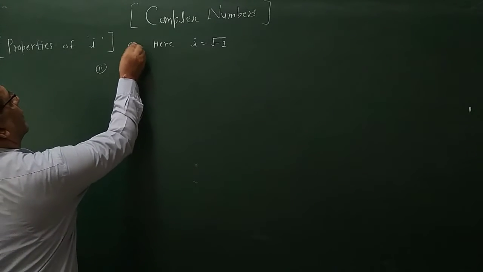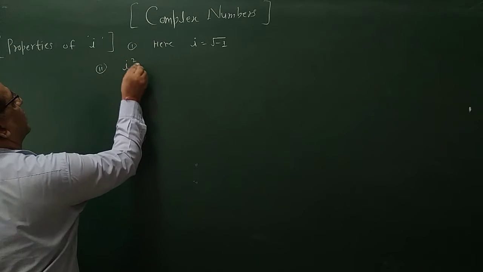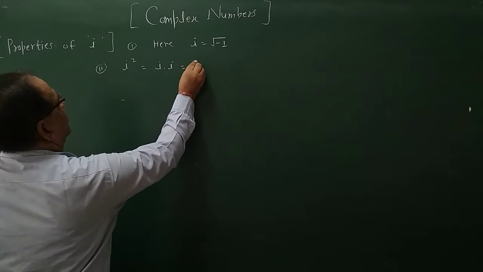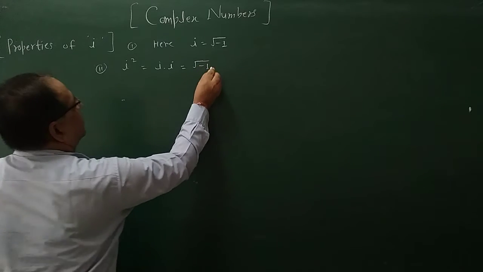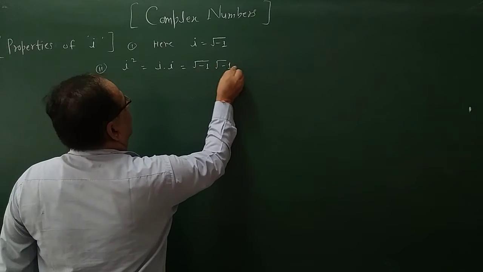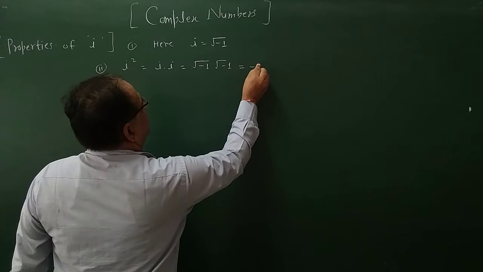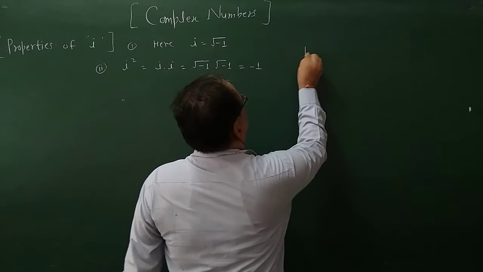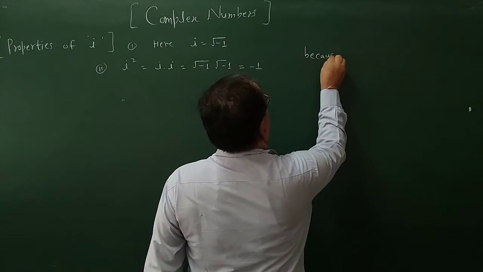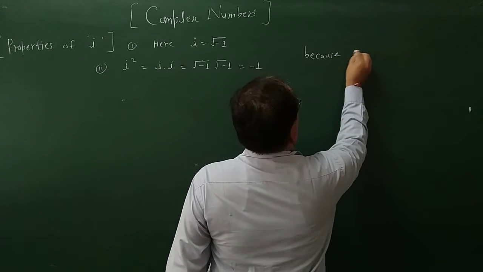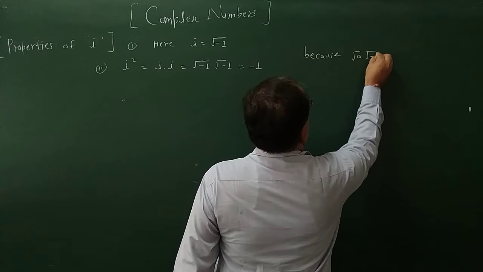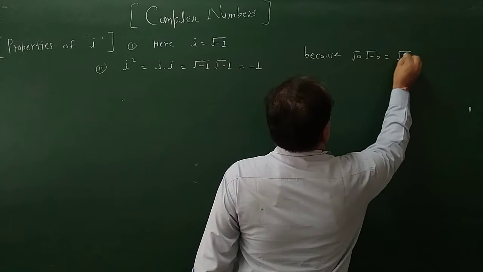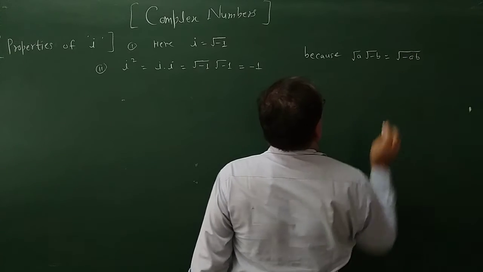So iota square equals iota into iota, that means square root of minus 1 into square root of minus 1, equal to minus 1. Because square root of a into square root of minus b equals square root of minus ab.